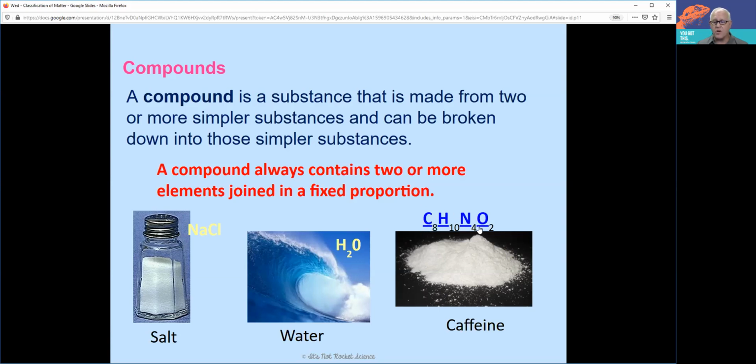It's the proportion that lets them become different substances. So for caffeine, it requires 8 carbon atoms, 10 hydrogen atoms, 4 nitrogen atoms, and 2 oxygen atoms combined to make the substance we know as caffeine.